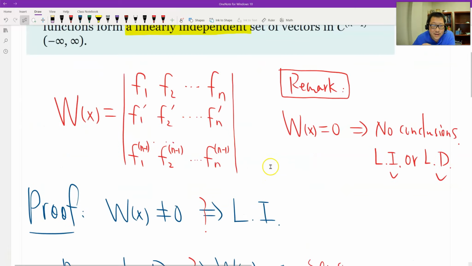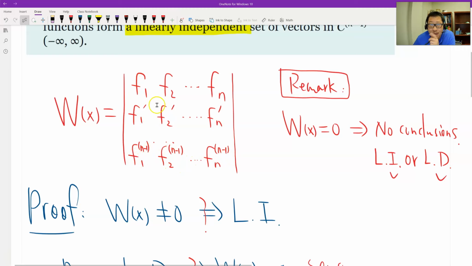Look at this determinant. f1 is a linear combination of the others, and f1 prime is also a linear combination of the other first derivatives, and each derivative is also a linear combination of the others.